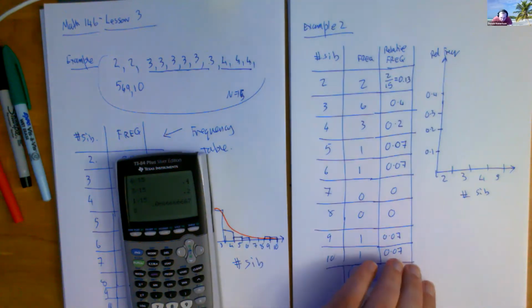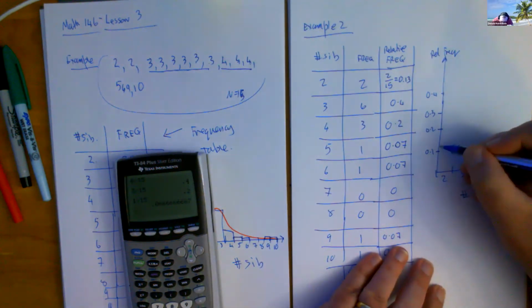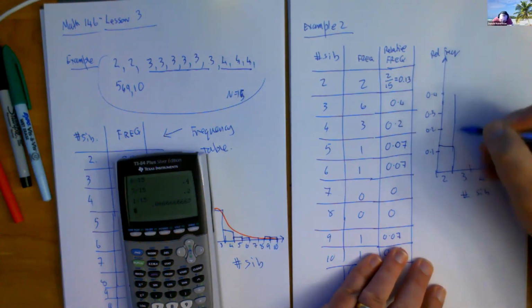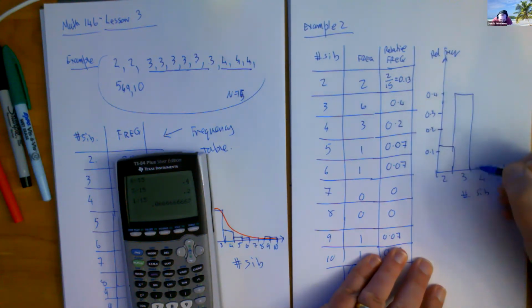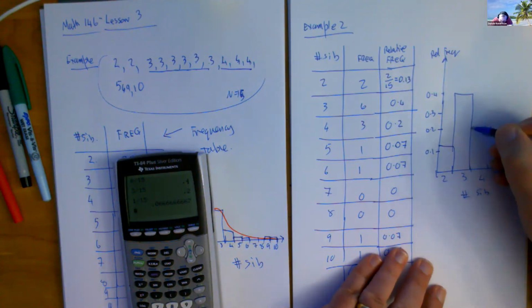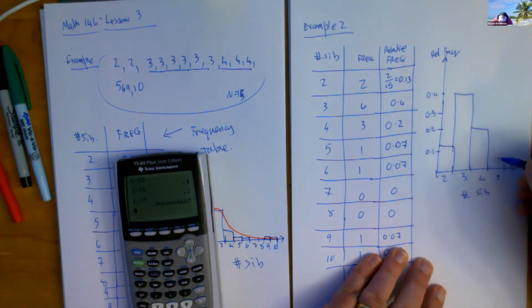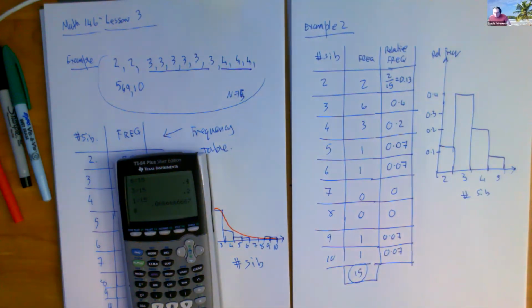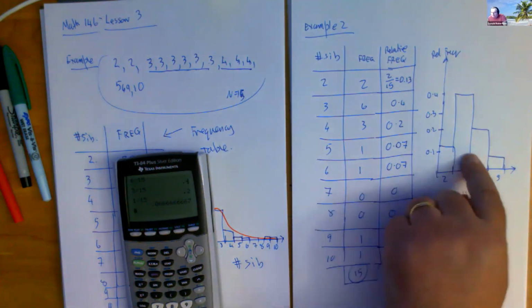In this case then, 0.13 would be somewhere about here, 0.4 would be about here, 0.2 would be about here, 0.07, I'm guesstimating it somewhere about here. And can you imagine me doing the rest?